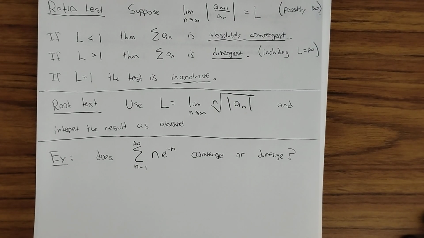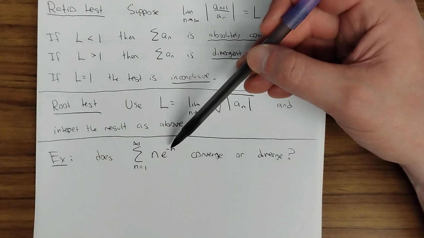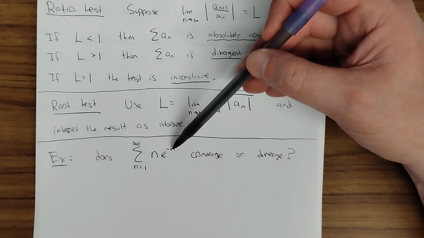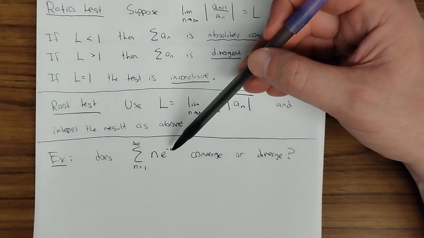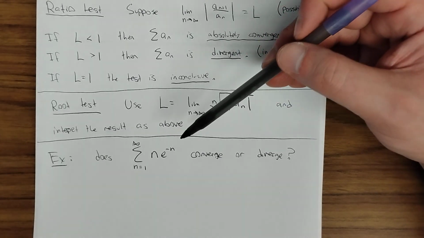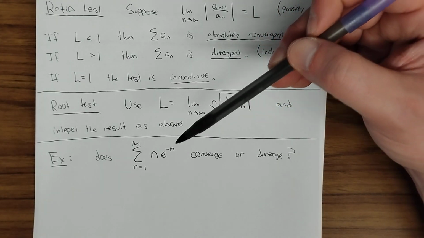Okay, so let's see an example. And actually, if you were in my class, we did this example recently. We did it with the integral test, and it took us kind of a lot of work. First of all, we had to justify that you can use the integral test.